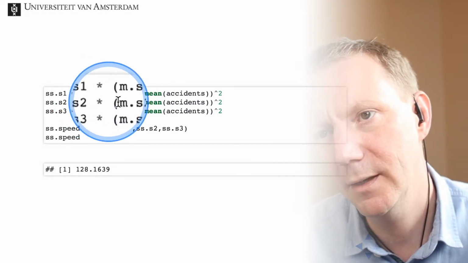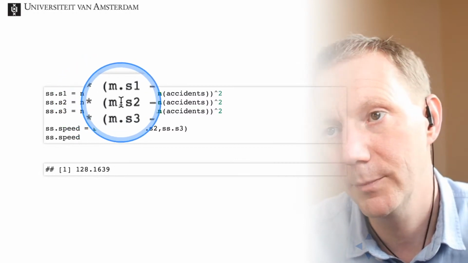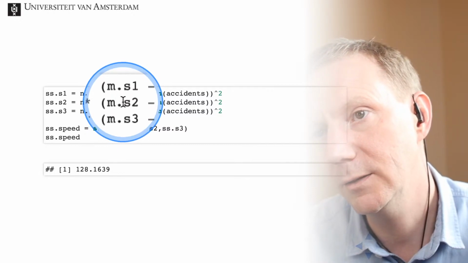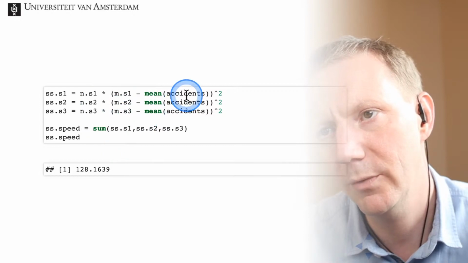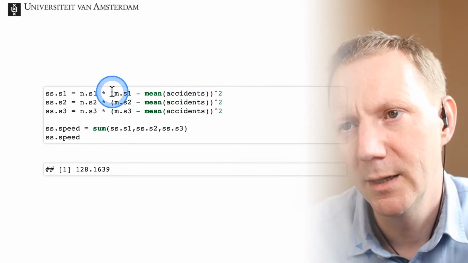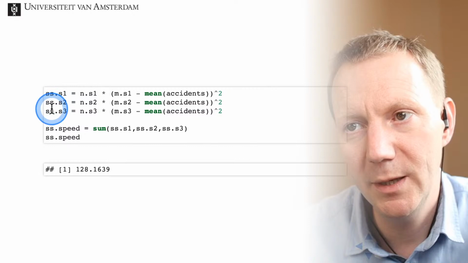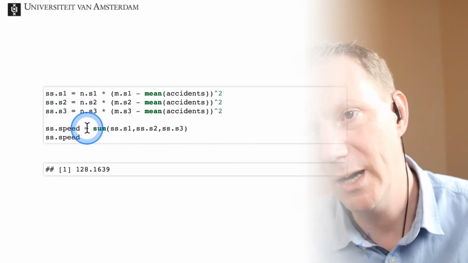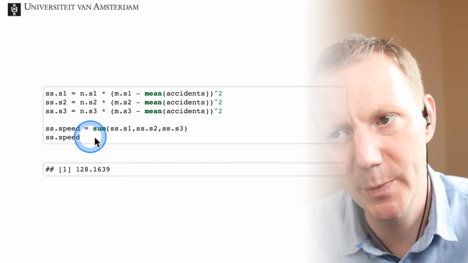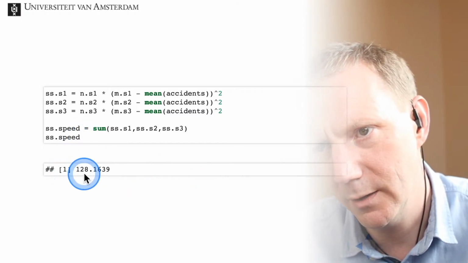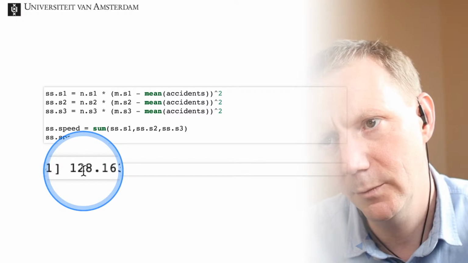We do the same with the little speed and much speed conditions, all 3. That results in 3 parts of the sums of squares. We add those together, and that results in the sums of squares for speed, which is 128 here.